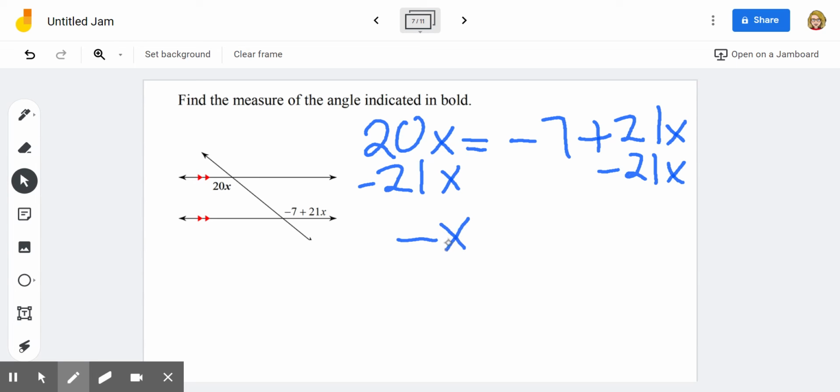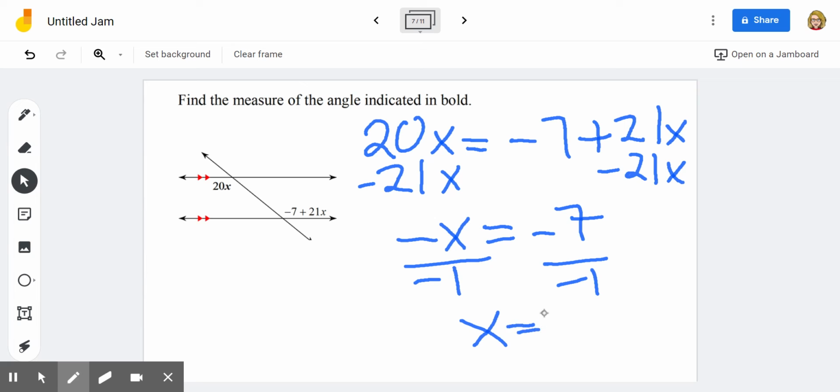So -x equals -7, and then divide by -1. So my answer is x equals 7. But I need to find the measurement of the angle in bold. So 20 times 7 is 140 degrees.